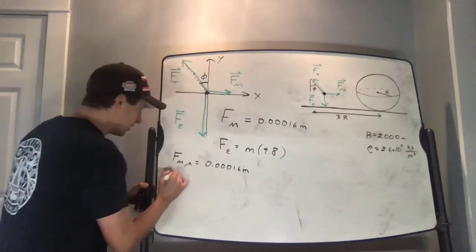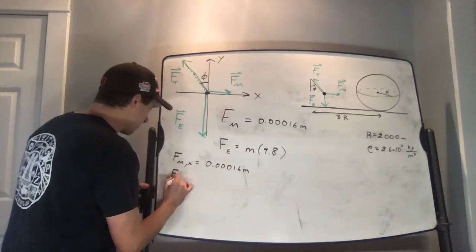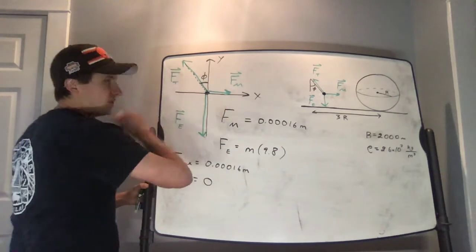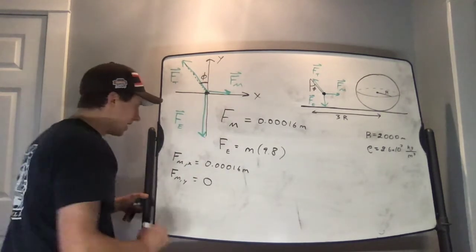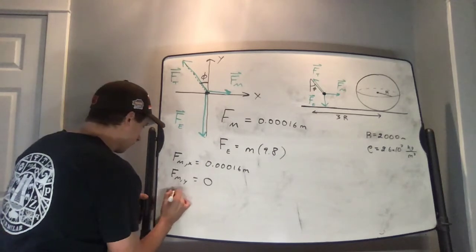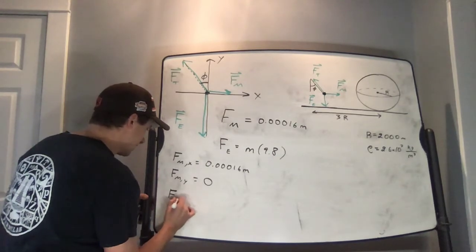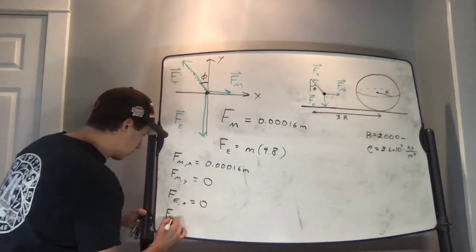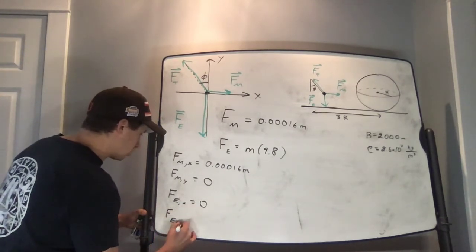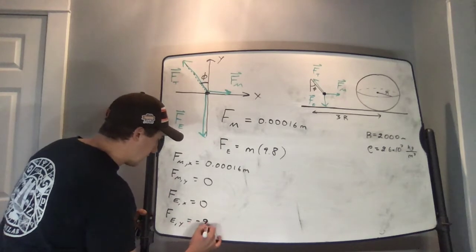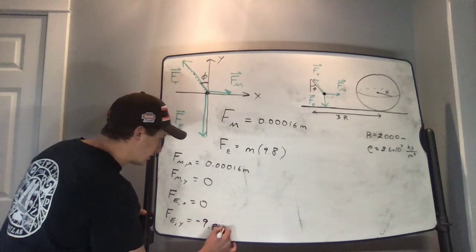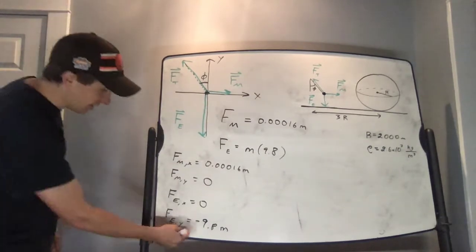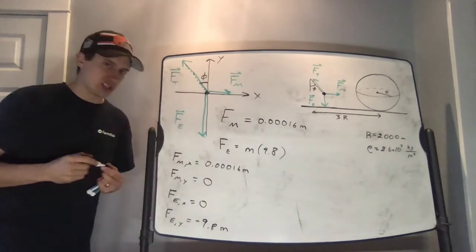The force of gravity from the mountain in the y direction will just be 0 because the mountain is entirely pulling to the right. The force of gravity from the Earth in the x direction is going to be 0. The force of gravity from the Earth in the y direction will be negative 9.8 times the small mass, negative because the force of gravity is pulling downward.